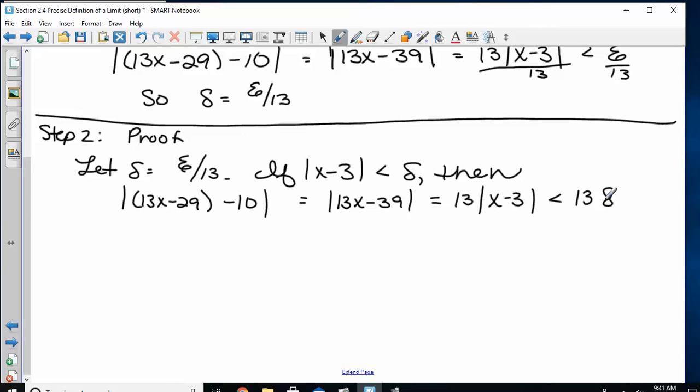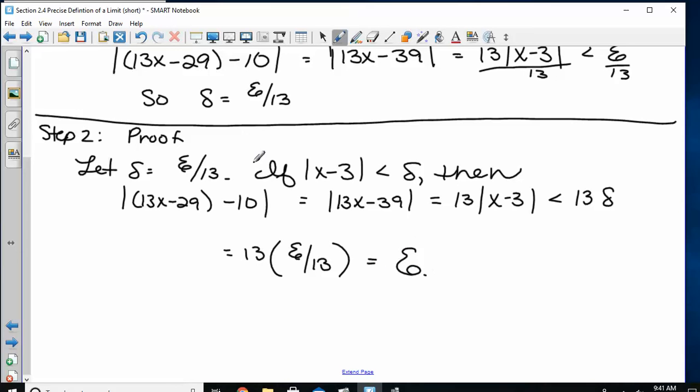Now I have to work it until I get my epsilon. How am I going to get an epsilon in here? What's delta equal to? So this is equal to 13 times the epsilon over 13, which just gives you epsilon.